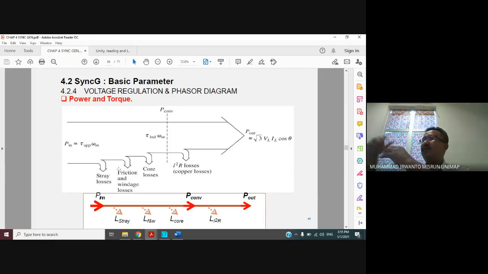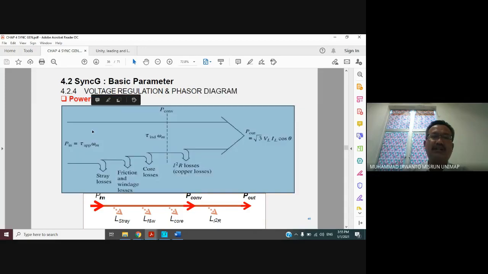After that, it produces electrical power connected to the load. That power is called the output power of the synchronous generator. So this is the flow of power in a synchronous generator, starting from the input power.